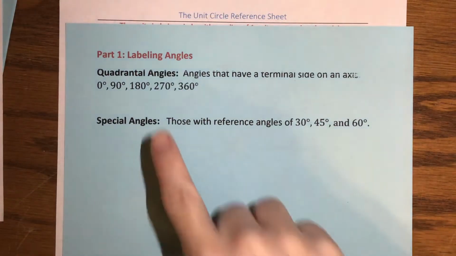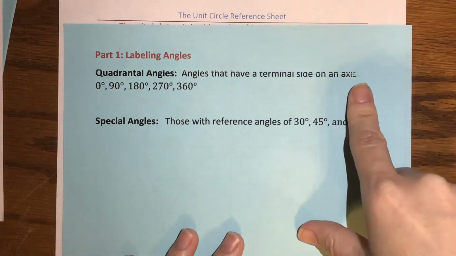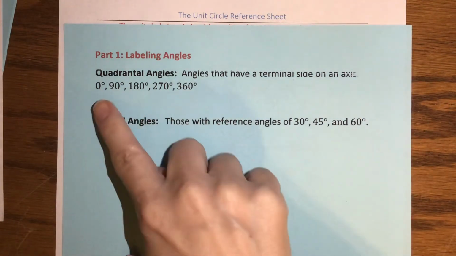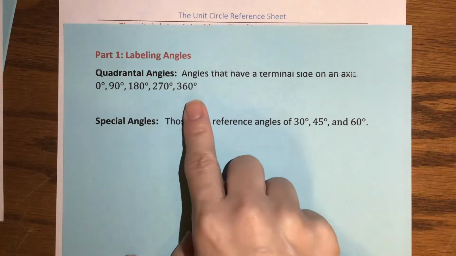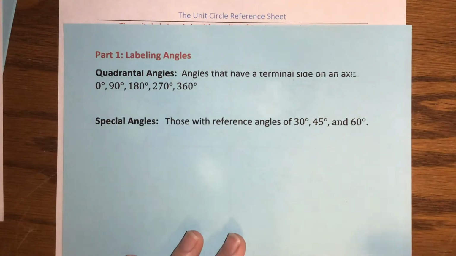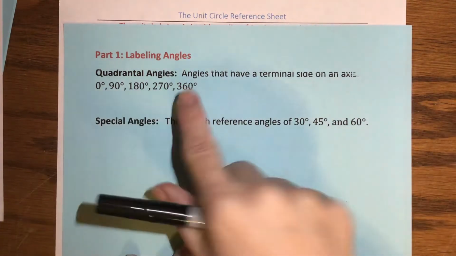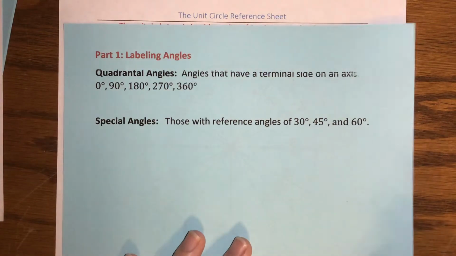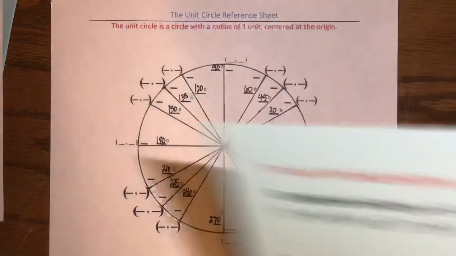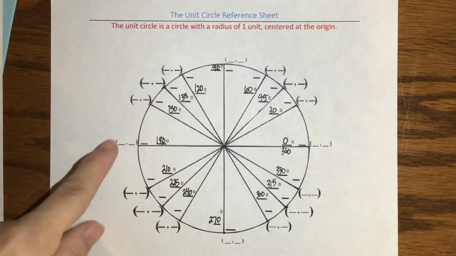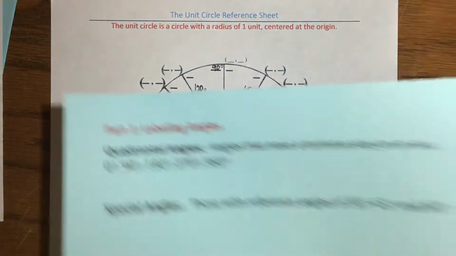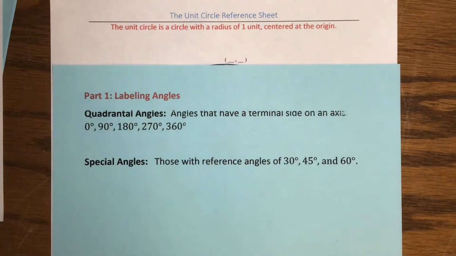So what we just labeled were our quadrantal angles. Those have a terminal side on an axis. So 0, 90, 180, 270, 360, and I could keep going. Multiples of 90. I can also write those as radians.